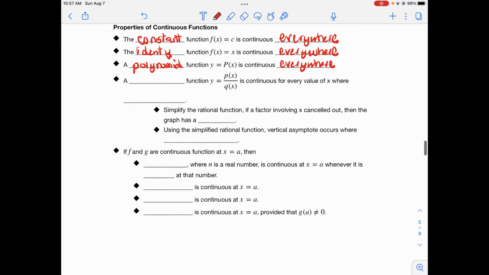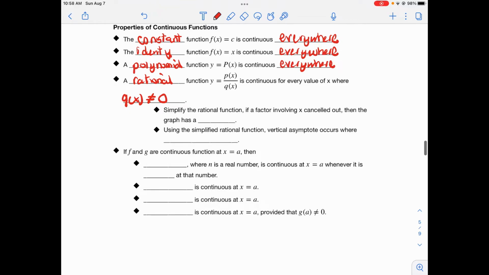So that's nice. Now, a rational function, when you have a polynomial divided by a polynomial, p of x divided by q of x, is continuous for every value of x where the denominator is not equal to 0. So it's continuous everywhere except the vertical asymptotes and the holes in the graph.